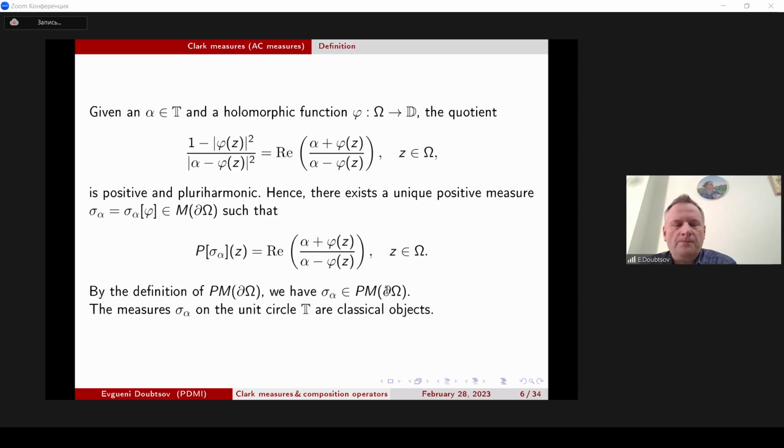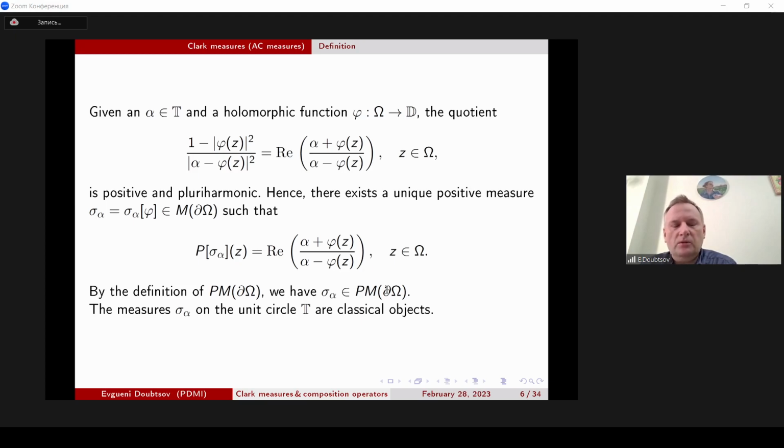And in the definition, I have mentioned that these measures are called Clark measures, and also, at least in the United States literature, they are called AC measures, or even directly Alexandrov measures. But, as I said before, there are also numerous results of Sarason on these objects.